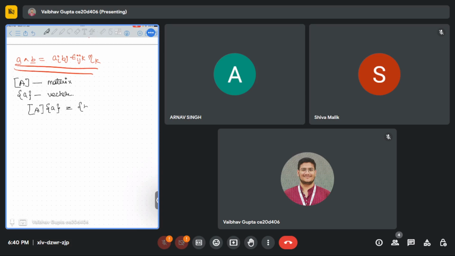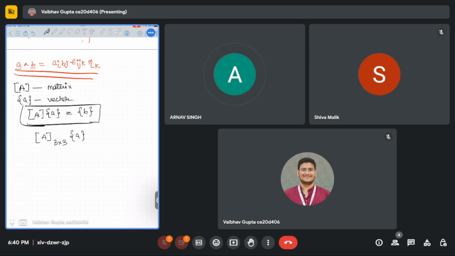We will get a vector B. This is always true. Suppose the matrix is of size 3 by 3 and the vector is of size 3 by 1. So what will be the size of vector B? It will always be 3 by 1. But in terms of notation, how will you represent it?